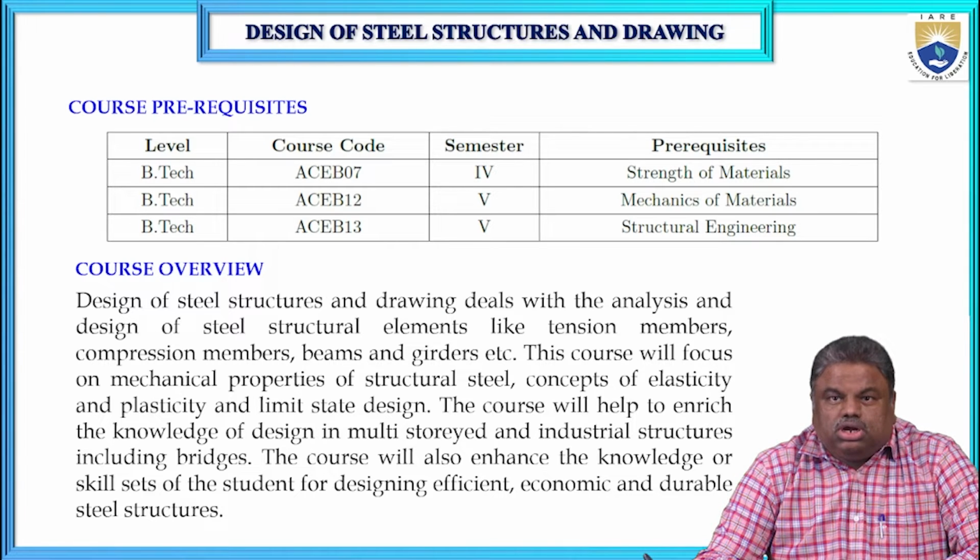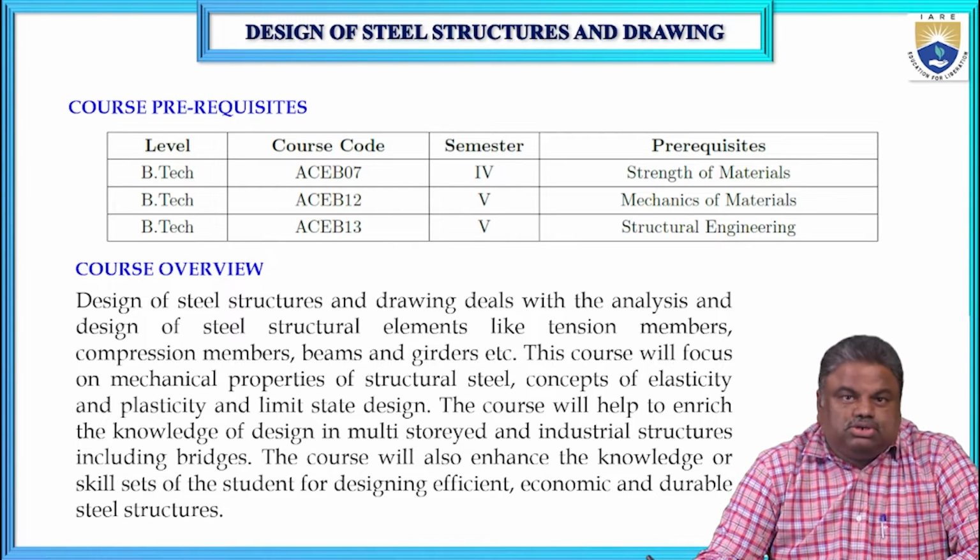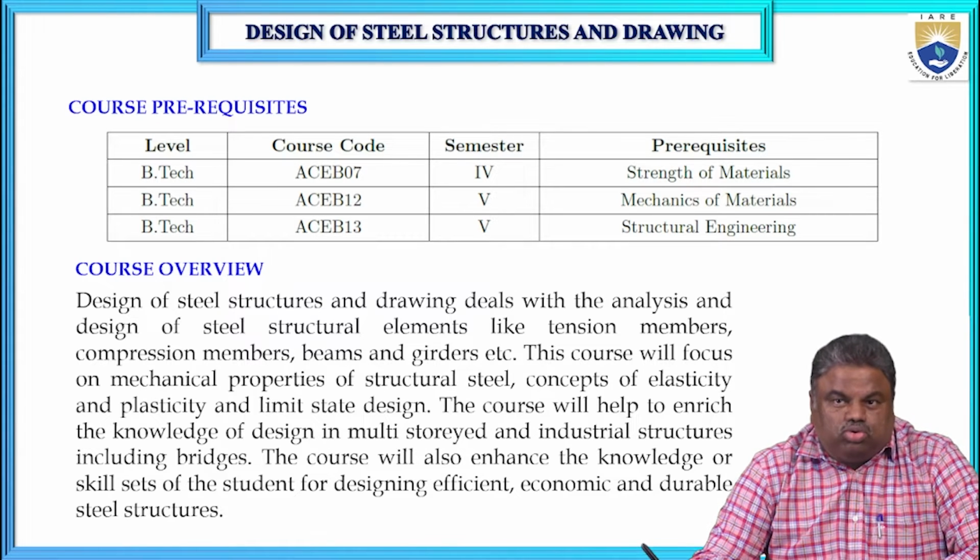If you see the course overview, design of steel structures and drawing deals with the analysis and design of various structural elements like tension members, compression members, beams, and girders. Both we'll see in this course.